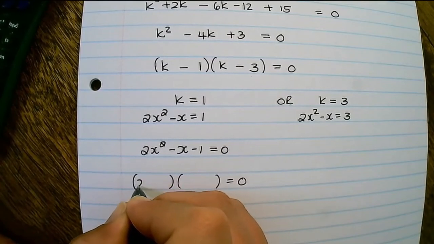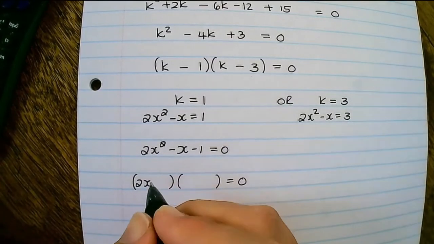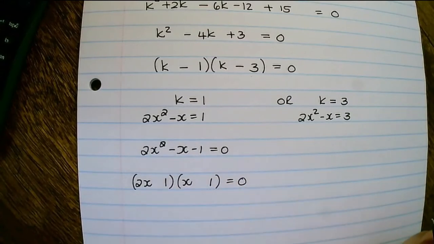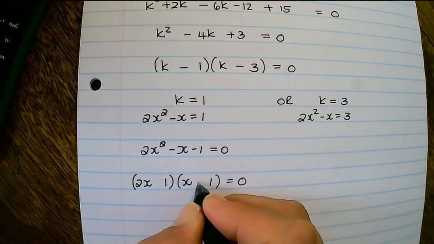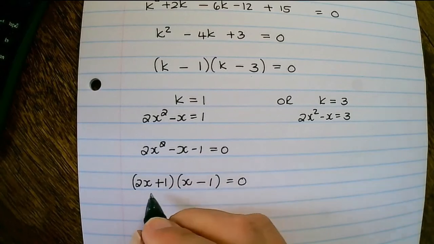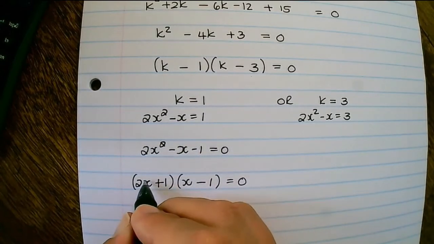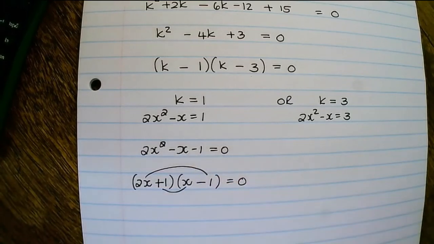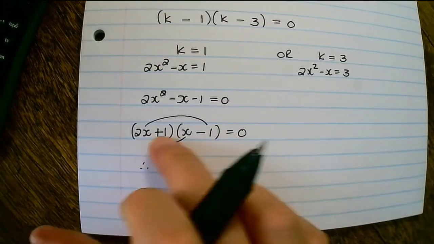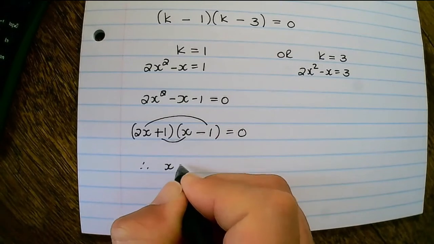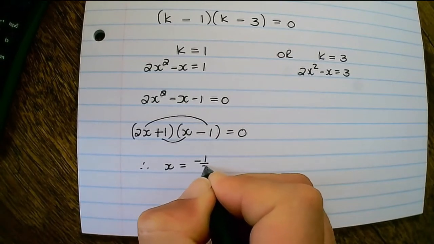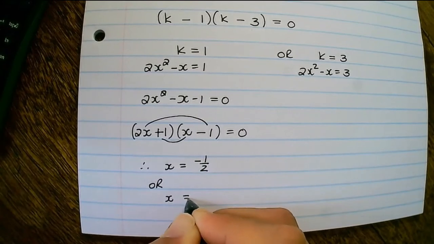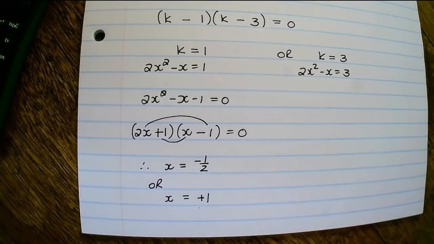So it'll be 2x and x, 1 and 1. And then I need to place the signs properly. So it'll become negative 2x plus 1 will give me negative x. Therefore, for this part of the equation, x would be equal to negative a half, or x would be equal to plus 1.